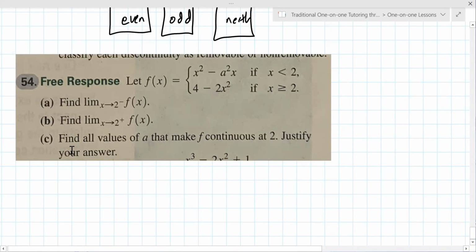They're kind of leading you into part C, but normally they just ask you part C. The limit as x approaches 2 from the left means using this top one. That may be what was confusing about all the ones we were doing. From the right is this bottom one here.